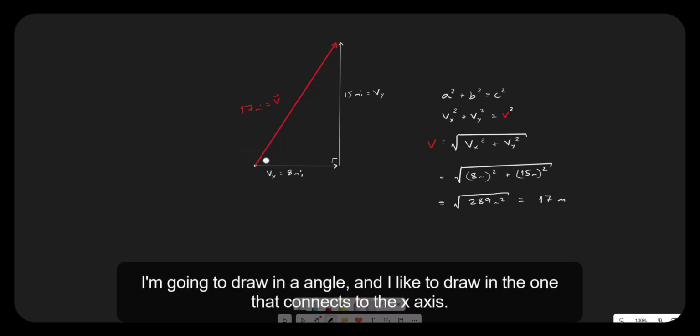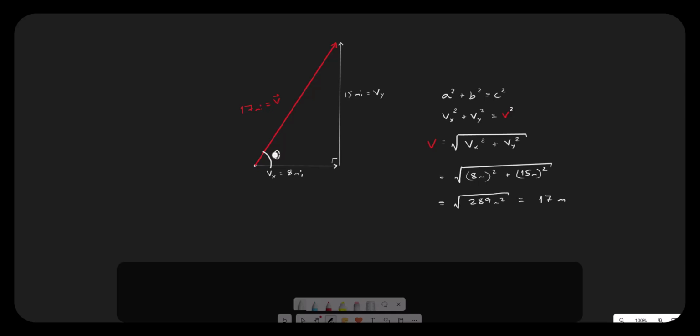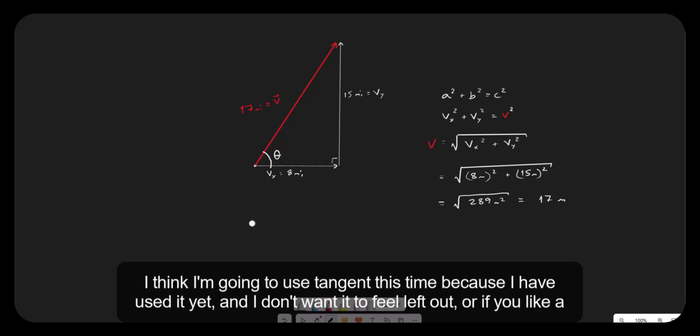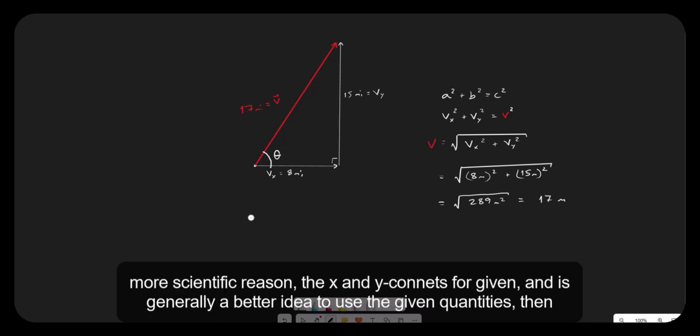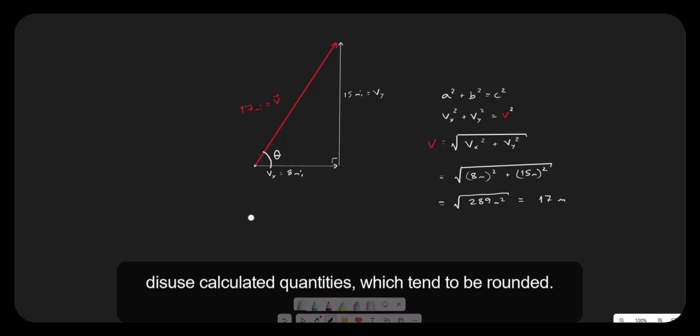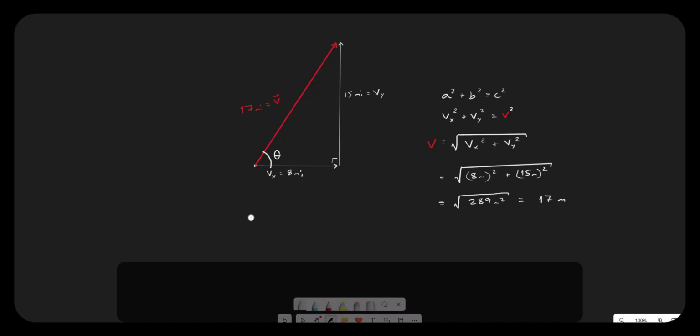I'm going to draw in an angle, and I like to draw in the one that connects to the x-axis. So there's that. I think I'm going to use tangent this time because I haven't used it yet and I don't want it to feel left out. Or if you like a more scientific reason, the x and y components were given, and it's generally a better idea to use the given quantities than it is to use calculated quantities, which tend to be rounded.